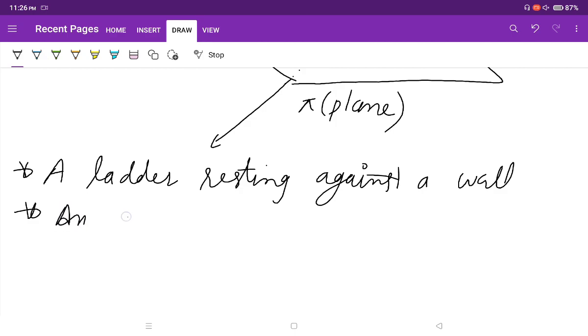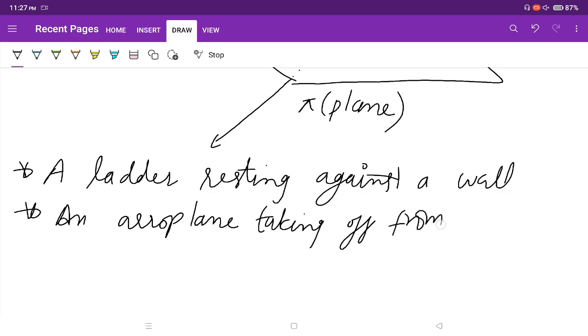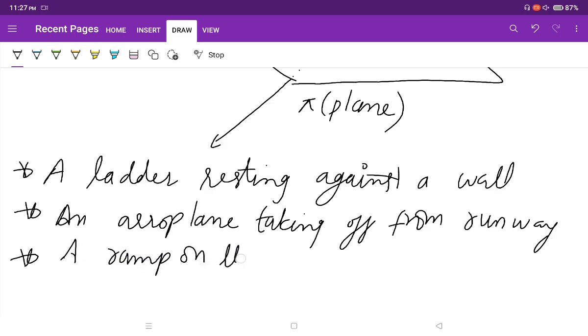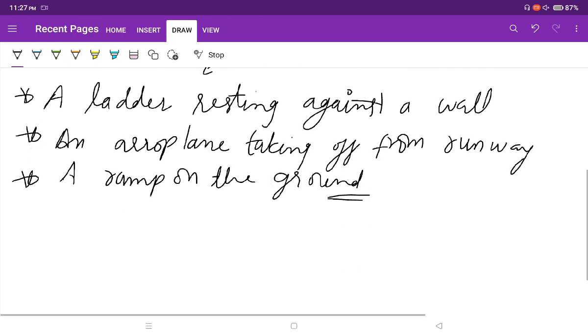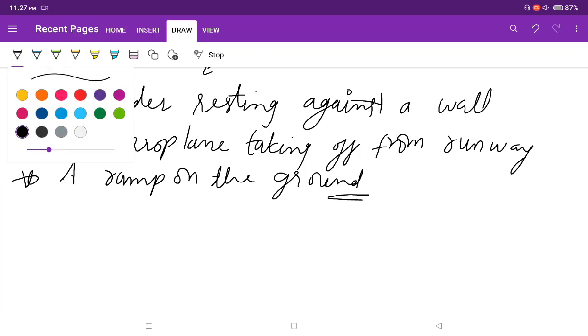Again an aeroplane, or airplane, taking off from a runway, right? A ramp on the ground. These are all examples where the same concept is used, right?